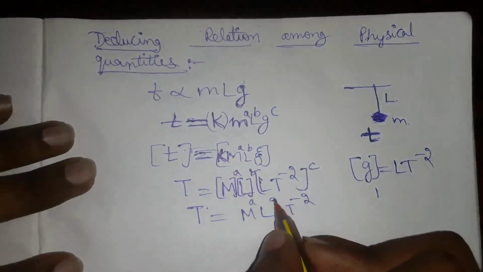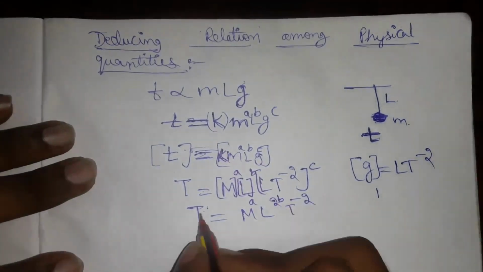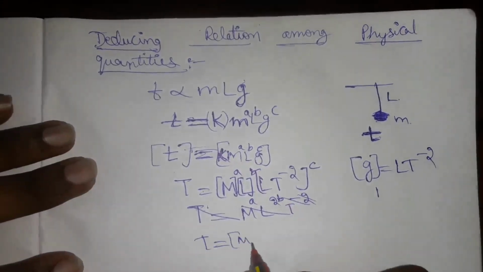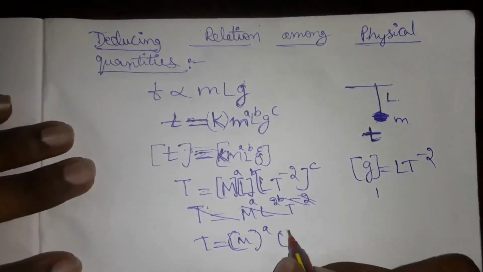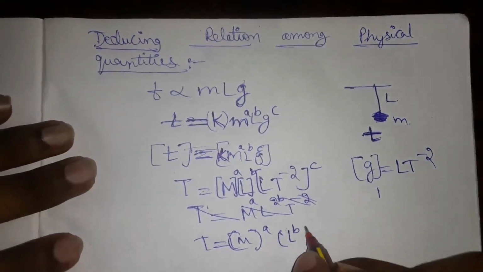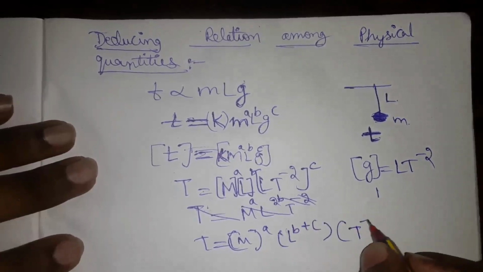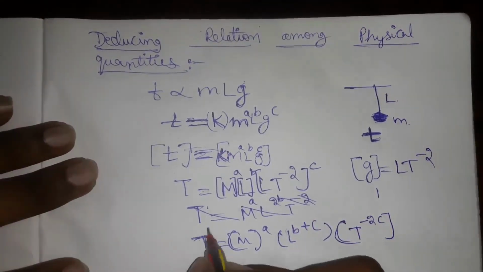So T is equal to M power a, L power b plus c, and T power minus 2c, and T power is 1.